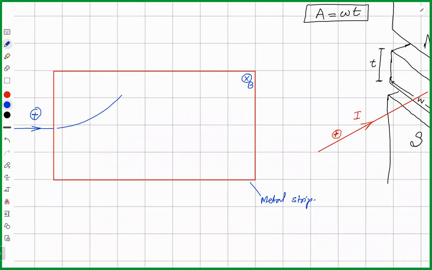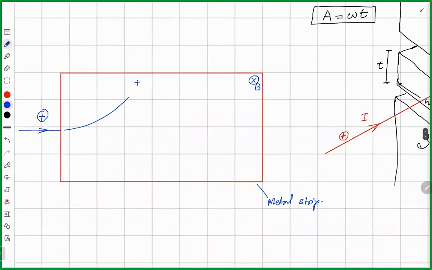So what happens is a positive charge accumulates on this side. A positive charge starts to build up on this side, automatically building a negative charge on the other side.